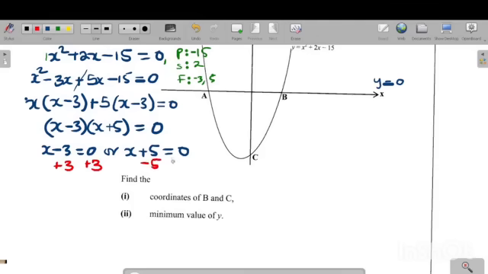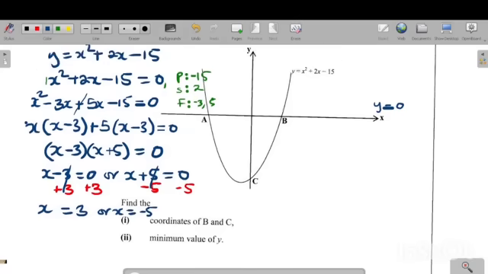We are using additive inverse to eliminate this term. So what you've done on the left, you also do it on the right. Okay, so x, this becomes a 0, then is equal to 0 plus 3 is 3. Or x is equal to, this becomes a 0, then 0 minus 5 is negative 5.